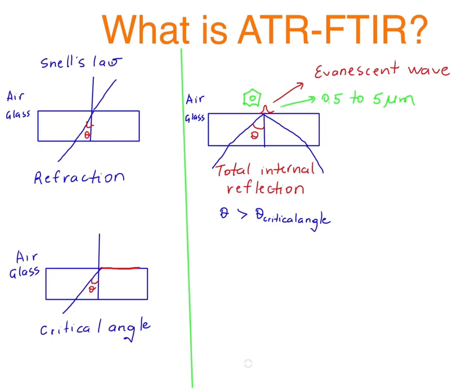Let's review the difference between propagation and non-propagation here, because I keep saying that this evanescent field is a non-propagating field. Remember, in transmission infrared spectroscopy, the light propagates through the sample and carries the energy forward. Even in other spectroscopy, maybe UV, the light penetrates the sample and passes through it.